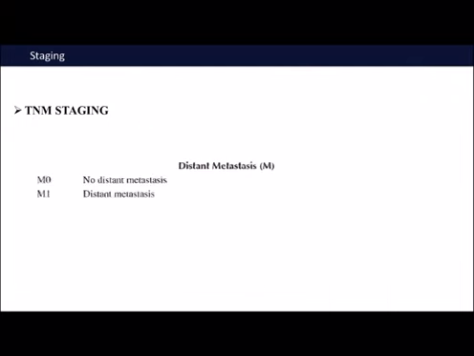And the last will be your distant metastasis. Here also we have MX, right? We already know MX, that is, presence of distant metastasis cannot be assessed, and M0, no distant metastasis.